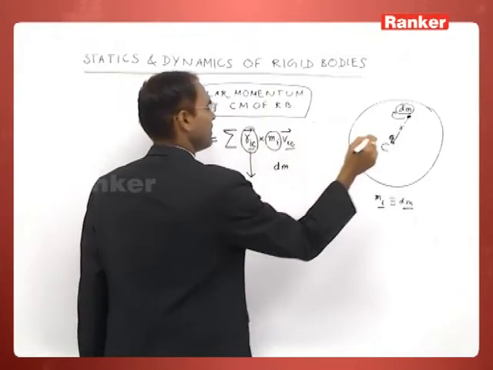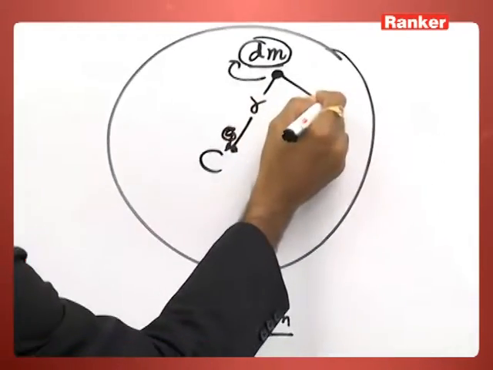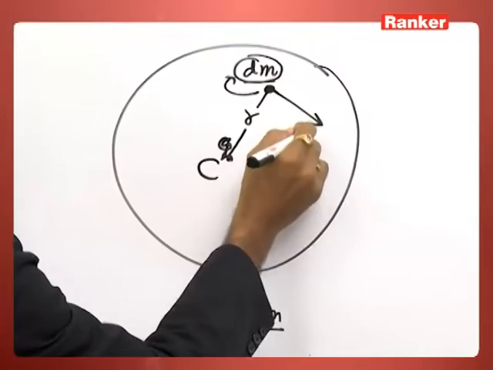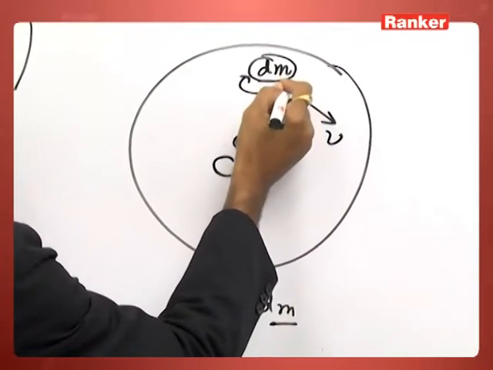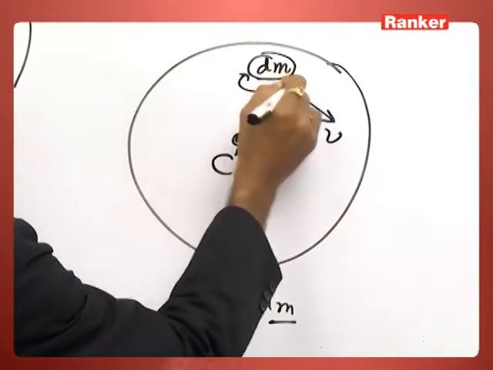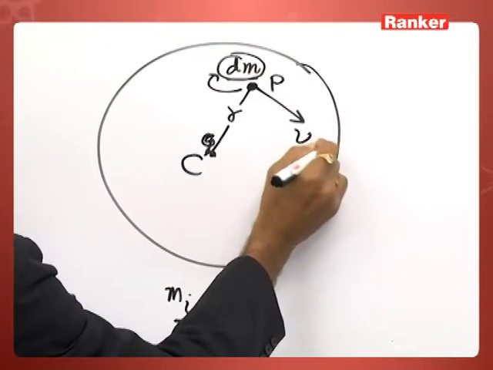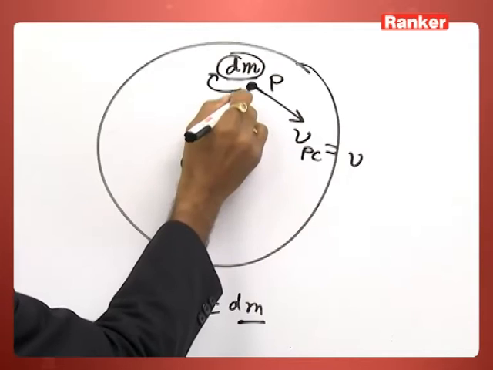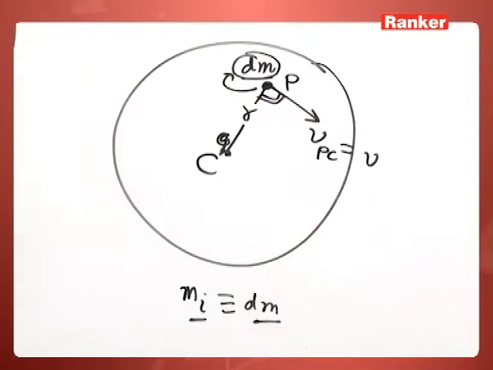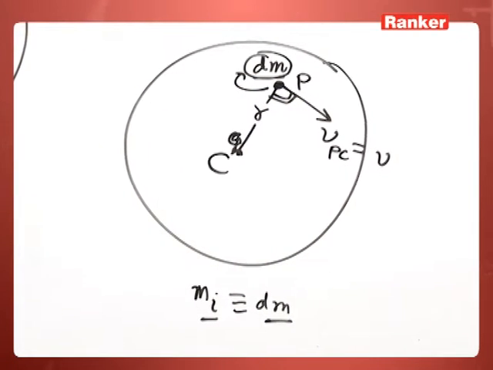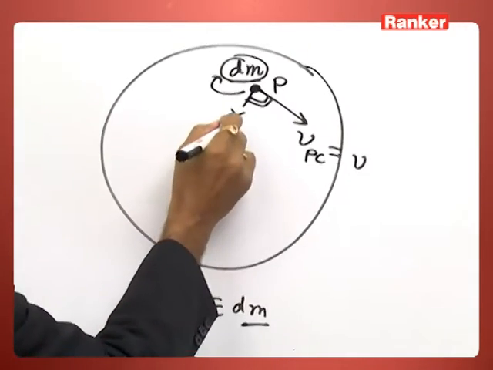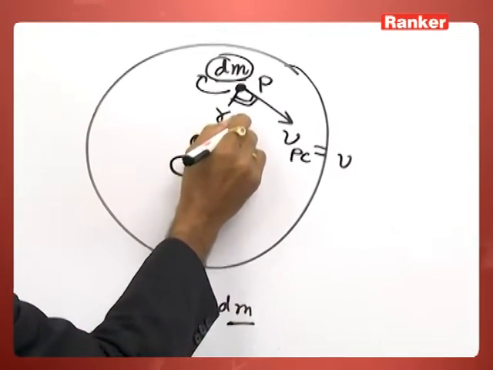And vic is, let it be v, the velocity of this point with respect to the center of mass, let the point be P. So vpc is equal to v, and this is always perpendicular, as I told you in kinematics of rigid body. And this is rpc, equal to r.